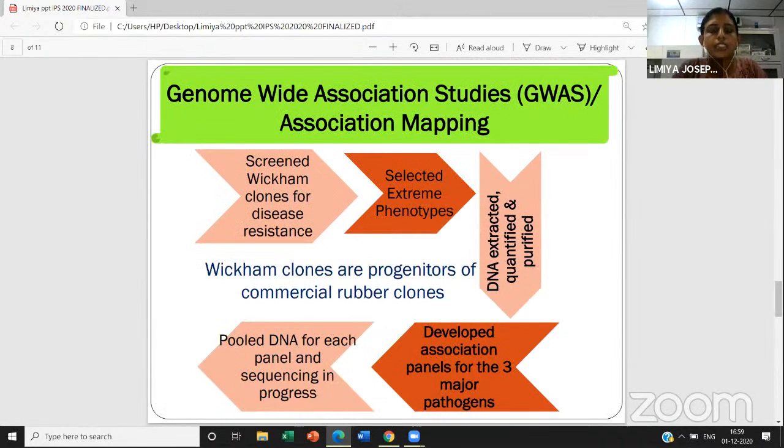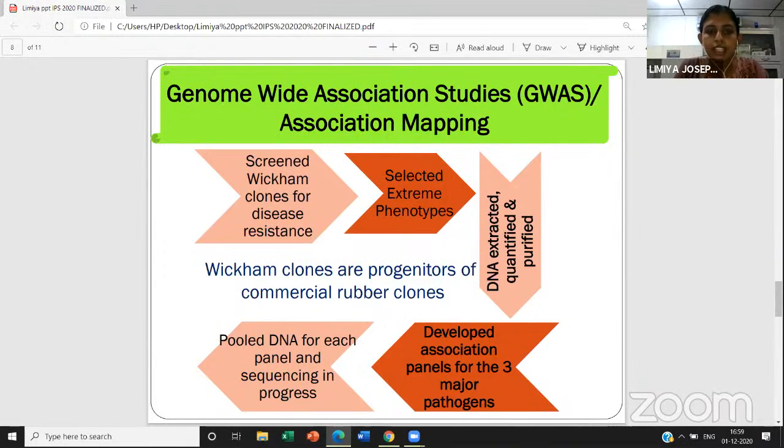Then to proceed further, to study more about these QTLs, and to study the transmission of a marker or a QTL at the population level, we initiated genome-wide association studies or association mapping. For association mapping, we are using a set of clones, namely VCAM clones, which are diverse, unrelated cultivars.